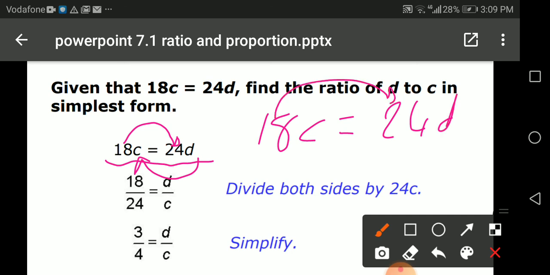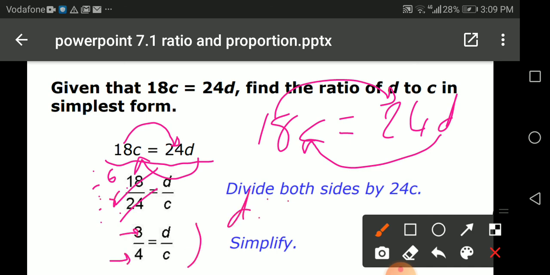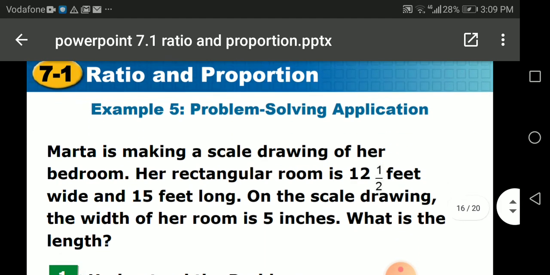Simplify. Simplify means divide by the common factor: 6 divided by 6, 18 divided by 6 gives me 3 over 4. So d to c is 3 to 4. Is it easy?